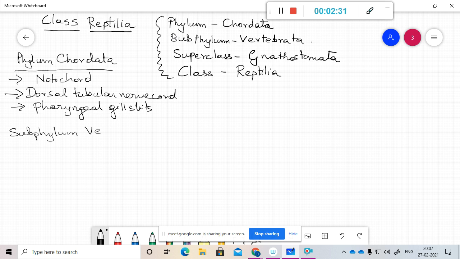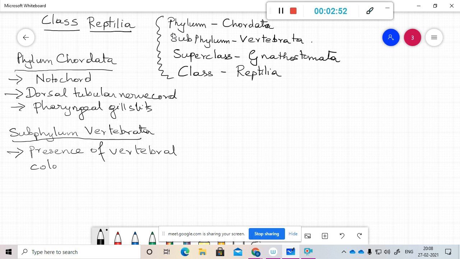Then you have the subphylum Vertebrata. What do you have in subphylum Vertebrata? In subphylum Vertebrata, you have the following characteristic: presence of vertebral column. Very good. रीढ़ की हड्डी, vertebral column.